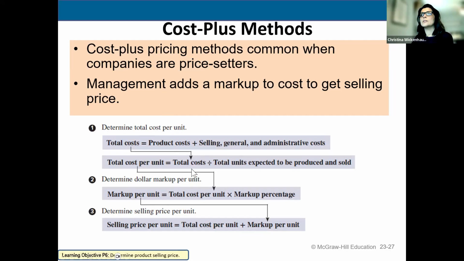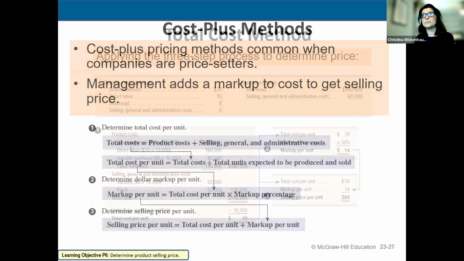We take our total cost divided by our expected units to be produced and sold, and that'll tell us our cost per unit. Then we take that times our markup percentage to tell us how much we're going to add to each unit. And so when we take our total cost plus that markup, that's going to give us our selling price.